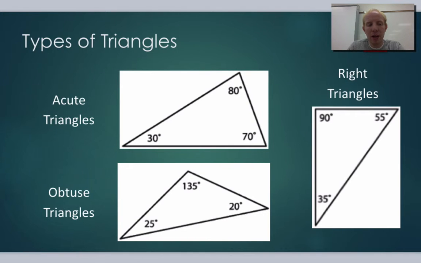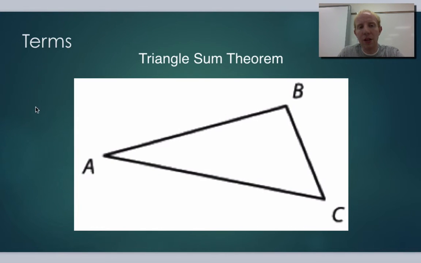Let's move on. Now we want to look at some theorems that we can use when we're trying to figure out properties of triangles. We proved these theorems in class, but for this podcast we're just going to look at how we use them. The first theorem is the triangle sum theorem.